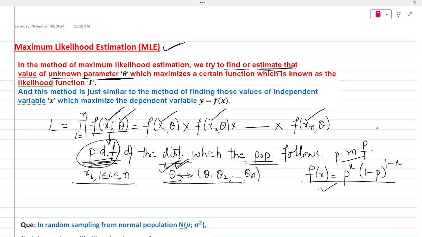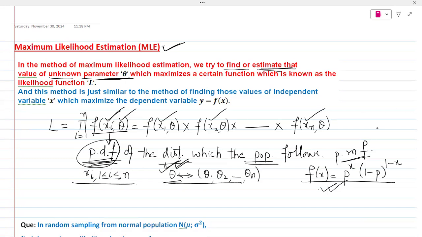If our random variable is discrete, the probability distribution function is called the probability mass function. If our random variable is continuous, it is called the probability density function. So this is the PMF of the Bernoulli distribution, or Bernoulli population.